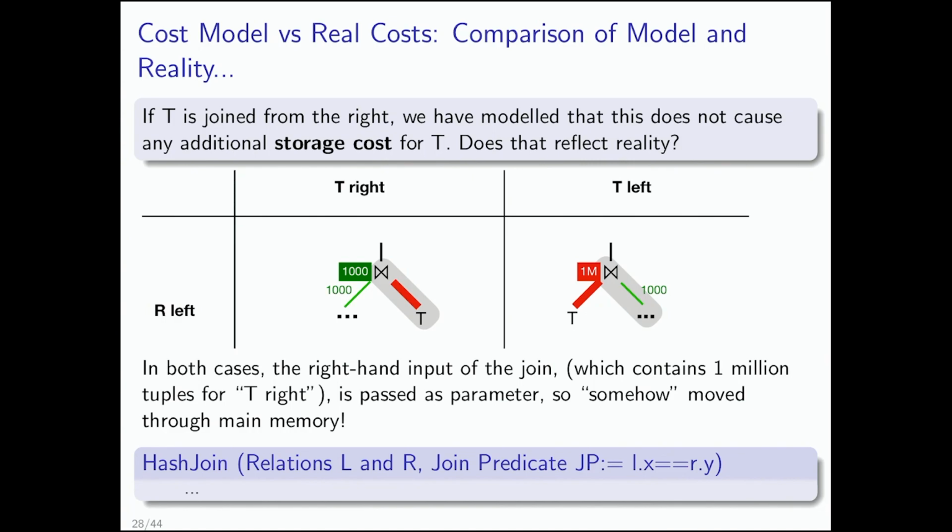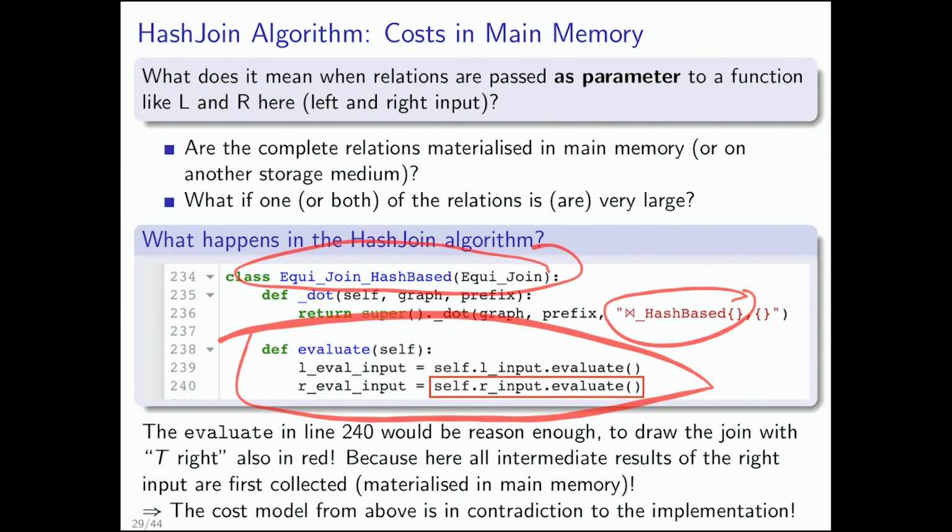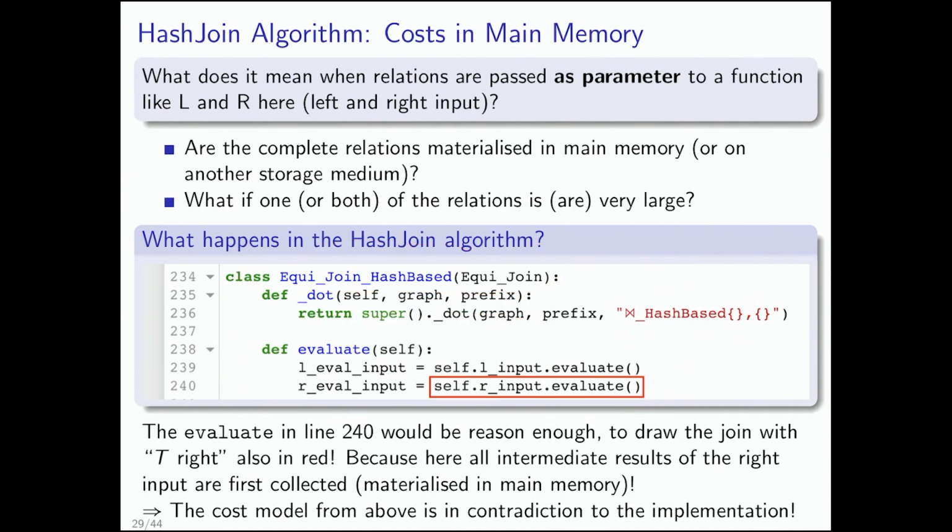However, if you look at an implementation, say the implementation we did in these simple notebook examples, you will see something like this. Our implementation of this hash-based equi-join operator, with this symbol, has an evaluate function. What does the evaluate function do? Before running, in order to evaluate the result of the join, it calls its inputs: there's a left input and a right input.